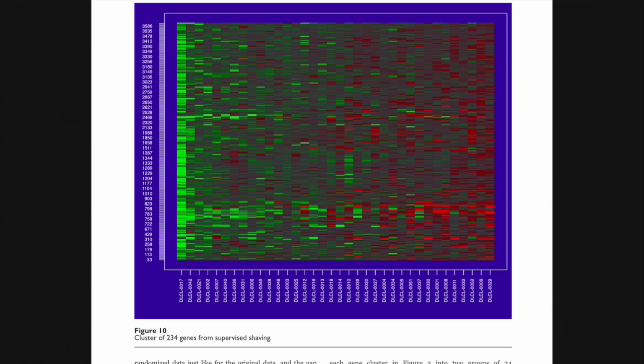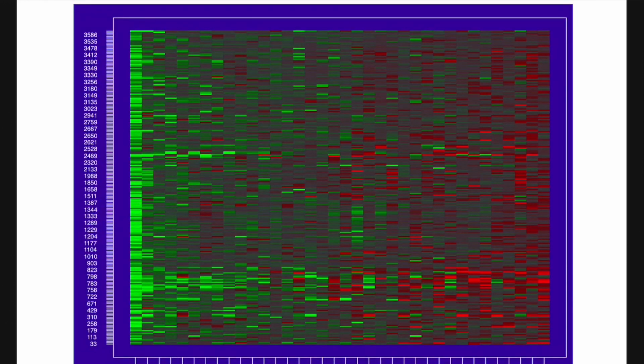This supervision again comes only when you pick the number of genes in a cluster, but in this case it picked a cluster of 234 genes. It's quite a few genes. Notice that it preserves some of the pattern that we saw in the first one. I think this one was selected to be a relevant cluster for patient survival.